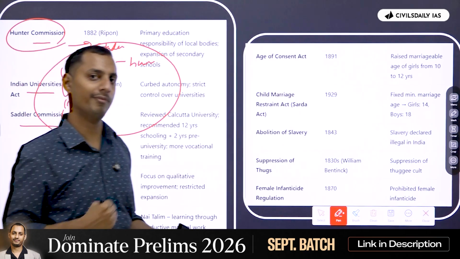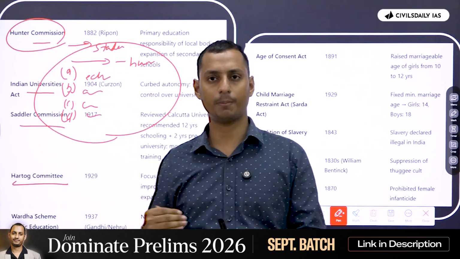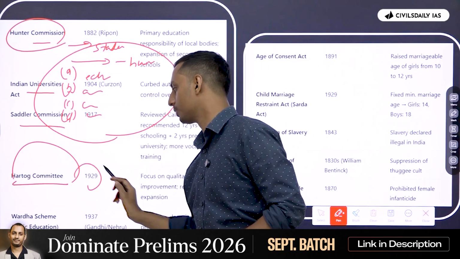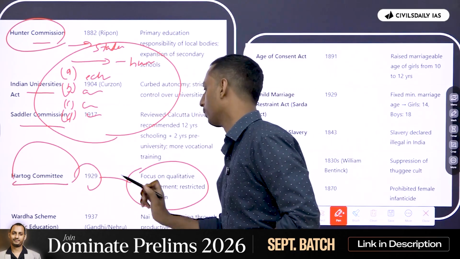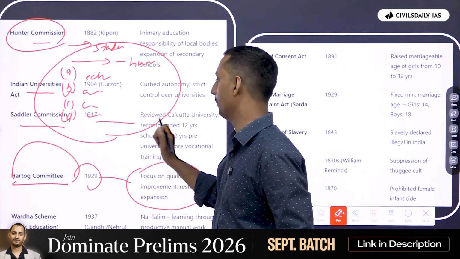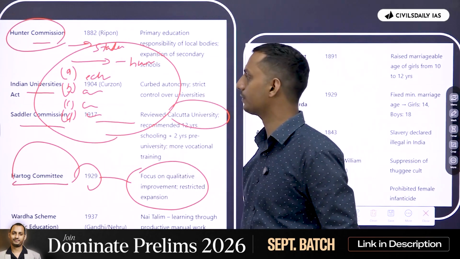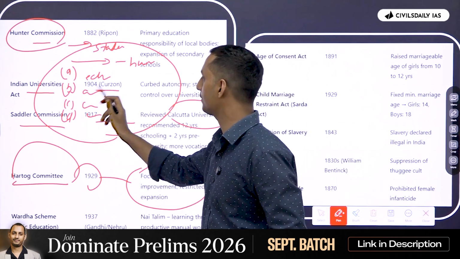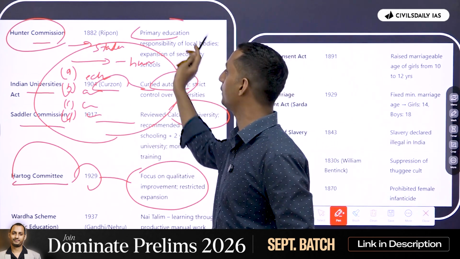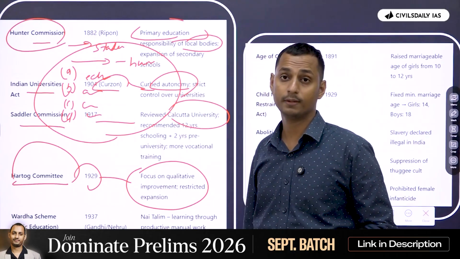So, you don't have to dive very deep into all these committees. You just have to note that the Hartog Committee is related to education, and one important area with respect to each. Let's say the Sadler Commission was about reviewing the Calcutta University. The Indian Universities Act curbed the autonomy. In the case of the Hunter Commission, the primary education responsibility was given to local bodies.